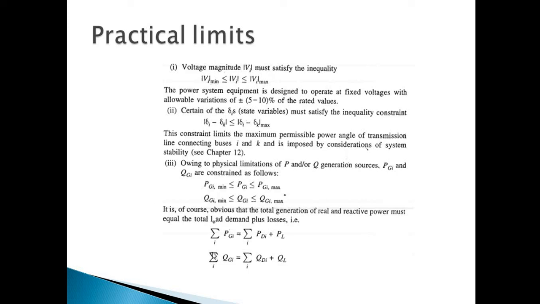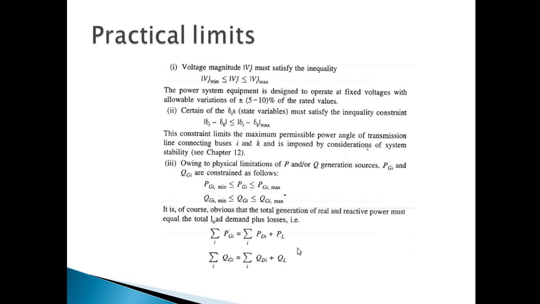Okay, but the total generation of the real and reactive power must be equal to the demand and losses. That means this is energy conservation. Whatever solution you find, this should be maintained: the total generated power should be the total demand plus the total losses.